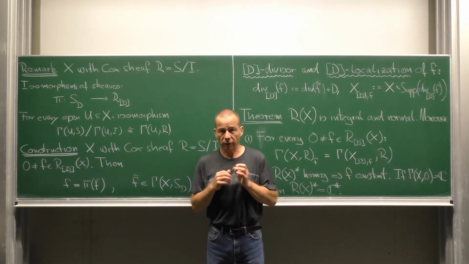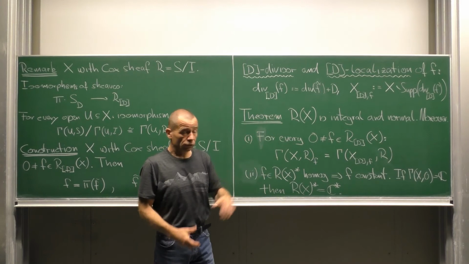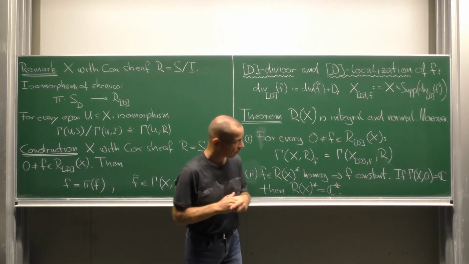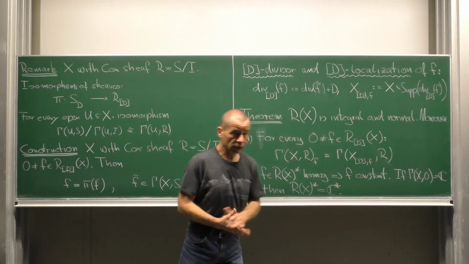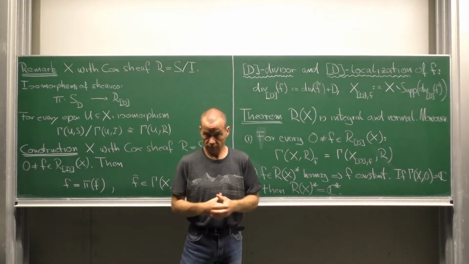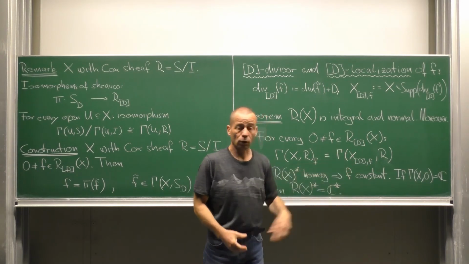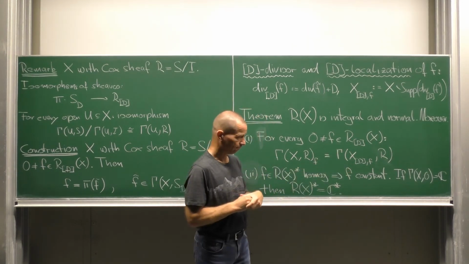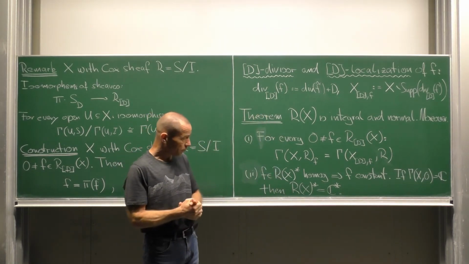Here's the first statement on algebraic properties of the Cox ring. The Cox ring is always an integral normal ring. Moreover, if we have a homogeneous section F, then the localization of the Cox ring by this section is the algebra of sections over the class D localization of F. Second statement concerns the units.